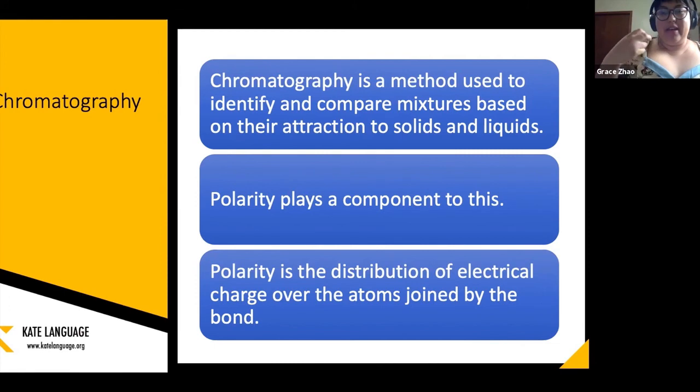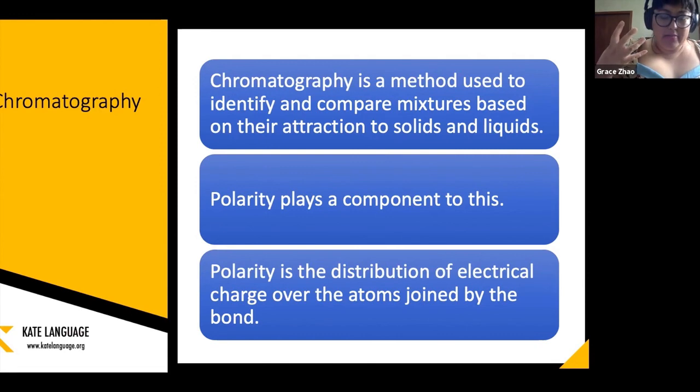The way that this will play out is that polarity, or the attraction of said substances, is going to play a component to it. And polarity is formally defined as the distribution of electrical charge over the atoms joined by the bond. So we're going to talk about bonds later, but most definitely polarity is a big thing that plays a part in it.